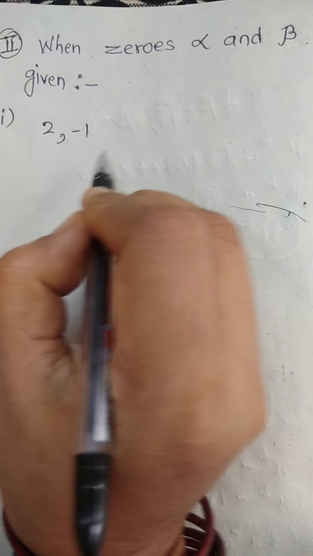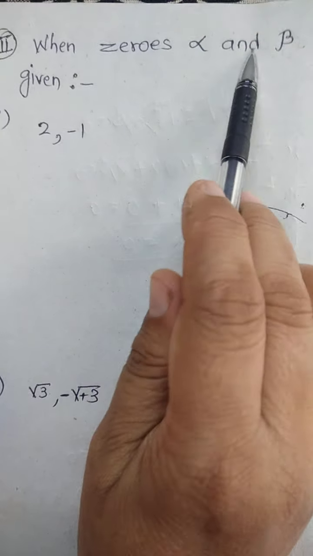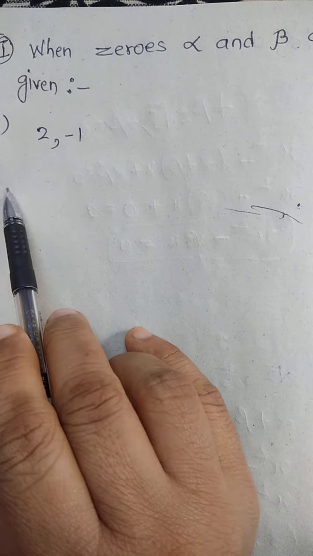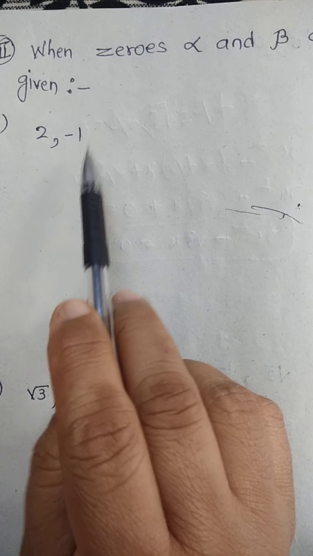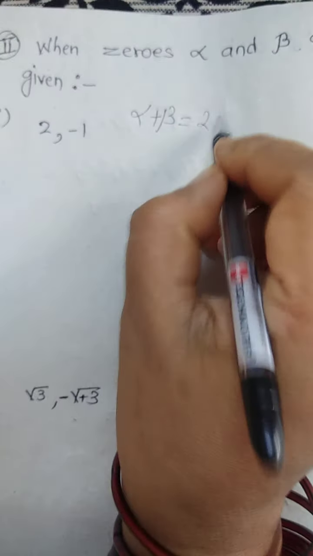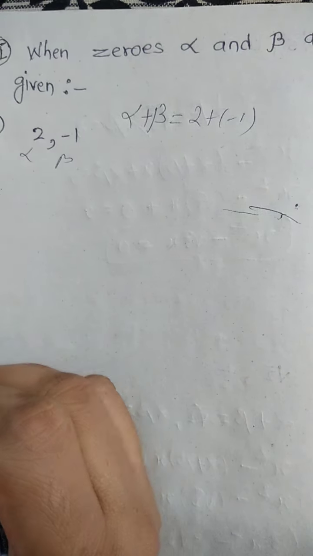So here in questions, you should read the question properly. When zeros alpha and beta are given, in that earlier question, it was when sum of root and product of root is given. So when zeros are given, you have to find the sum of root. Sum of root will be equal to alpha plus beta, means 2 plus minus 1. Here this is alpha, this is beta.